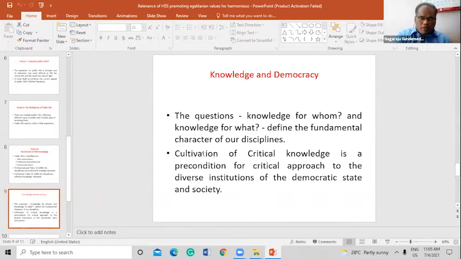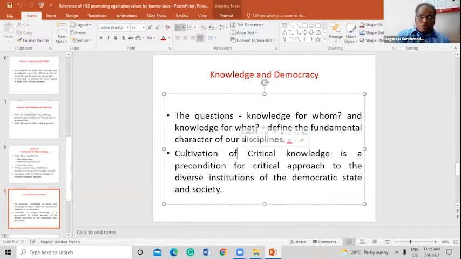But what is the solution? The only solution, as offered by scholars, is that the cultivation of critical knowledge is a precondition for a critical approach towards the diverse institutions of the democratic state and society.